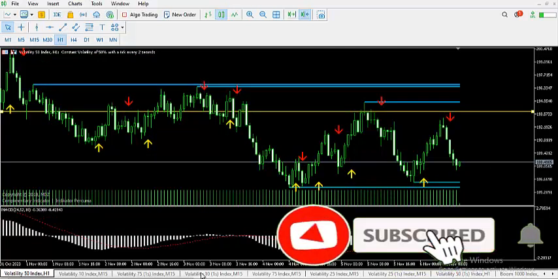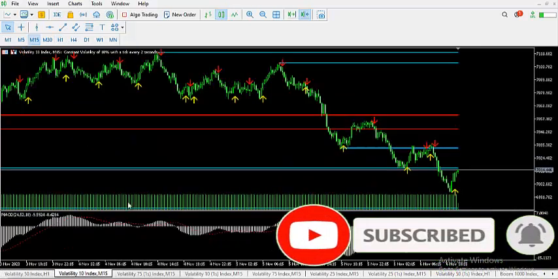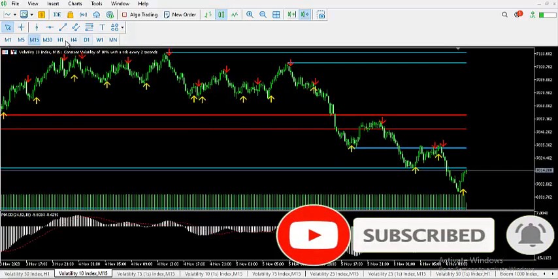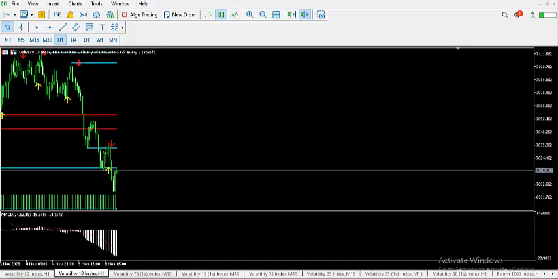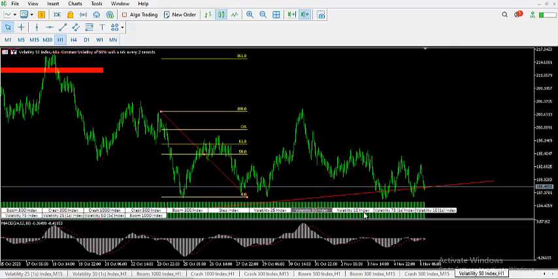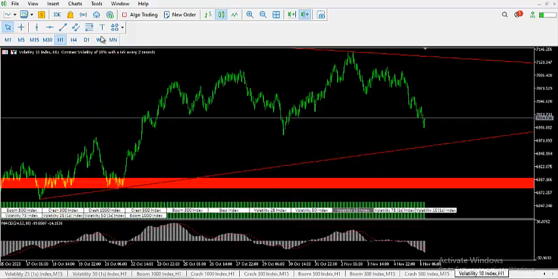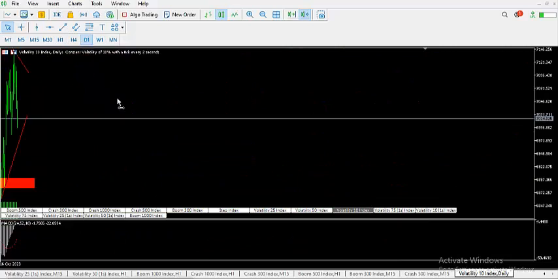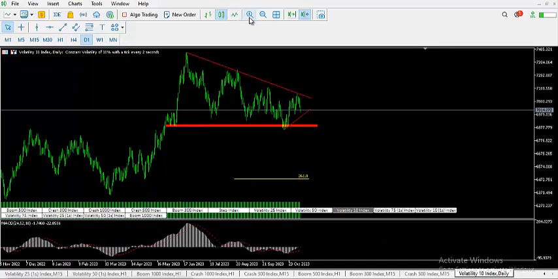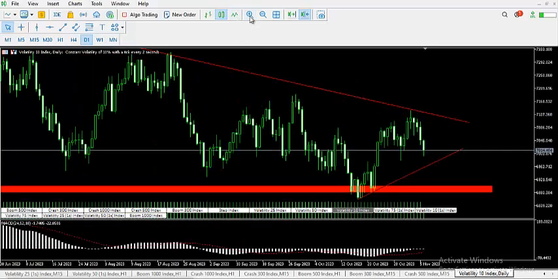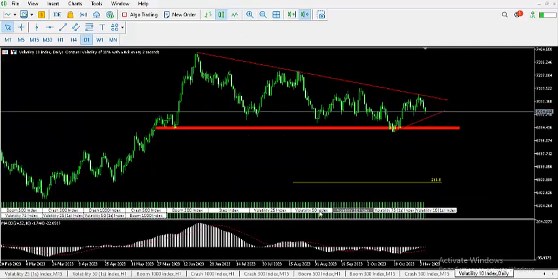Let's look at another volatility. This is volatility 10. Let's see the top down analysis on volatility 10. Having done your top down analysis from the daily time frame, you will see that there is a trend line that the daily time frame is respecting.